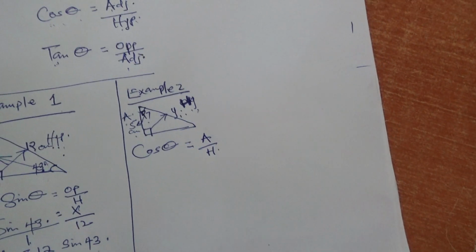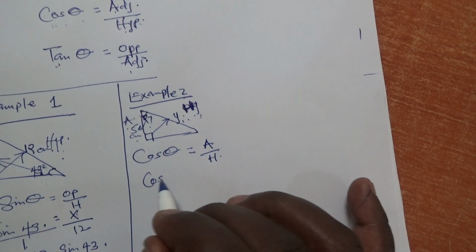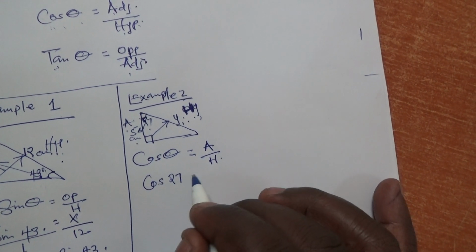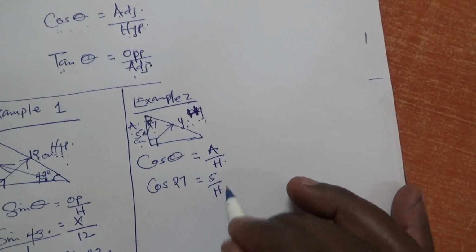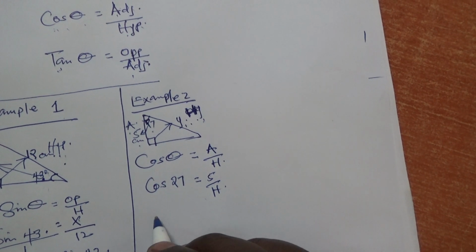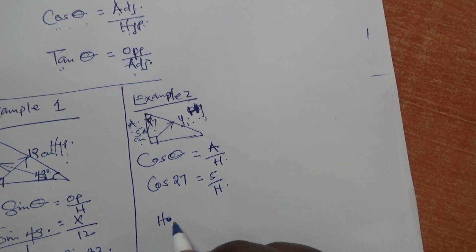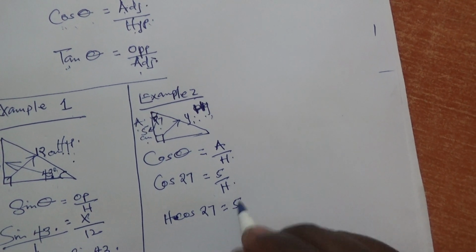So cos 27 is equivalent to adjacent, which is 5, over hypotenuse. If you cross multiply, we are going to have h cos 27 is equivalent to 5.